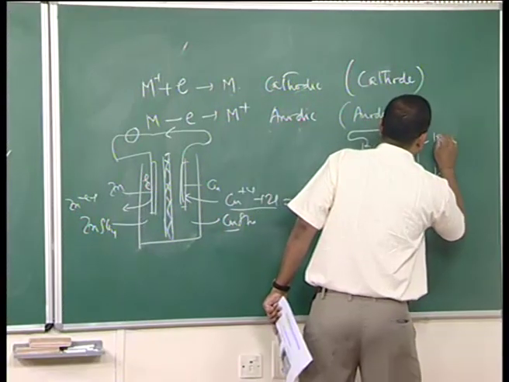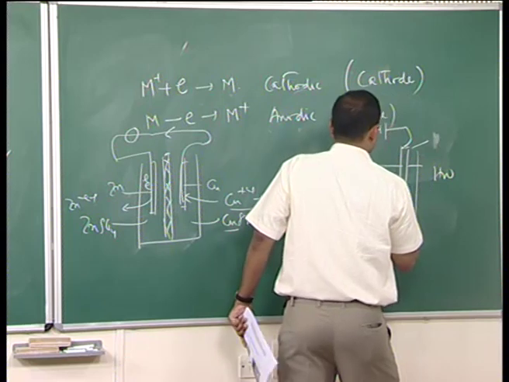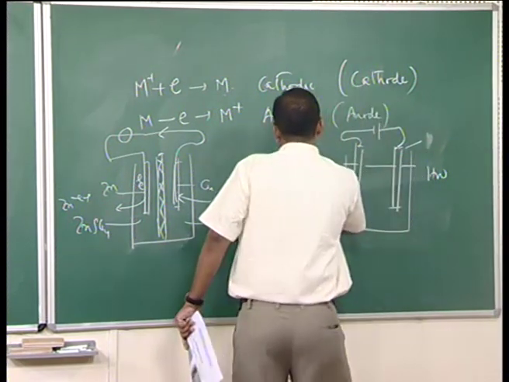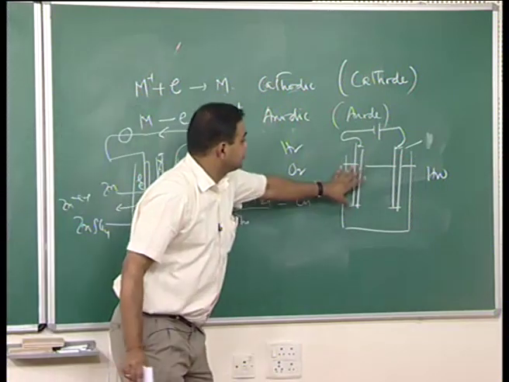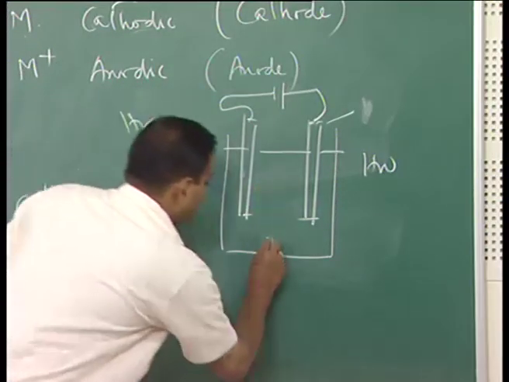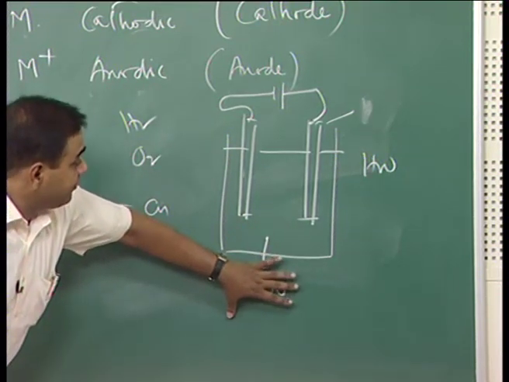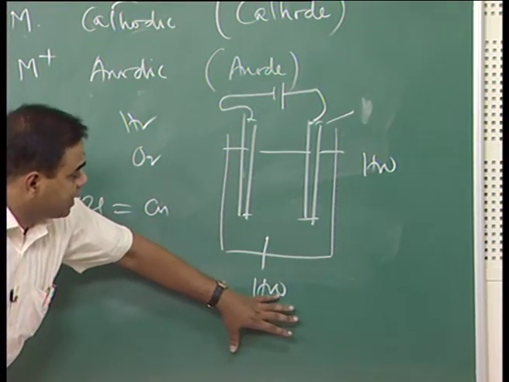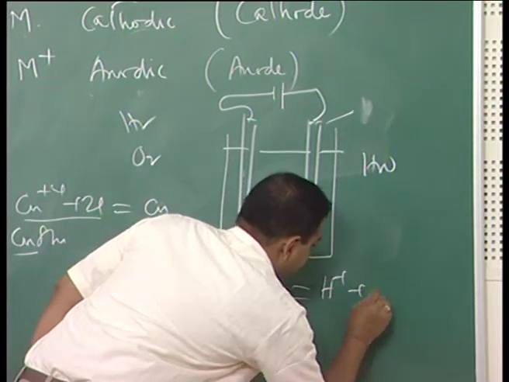In one case you will form H2, and in the other case you will form O2. Which surface do you think you will get H2? H2O will break down into H plus and OH minus.